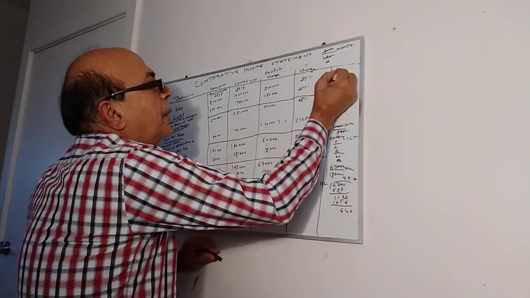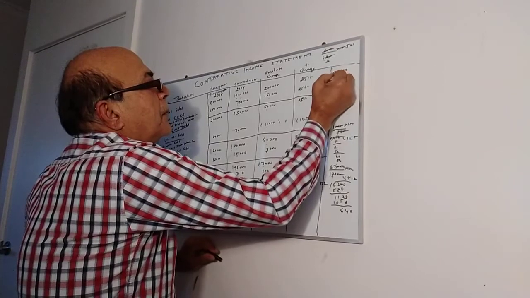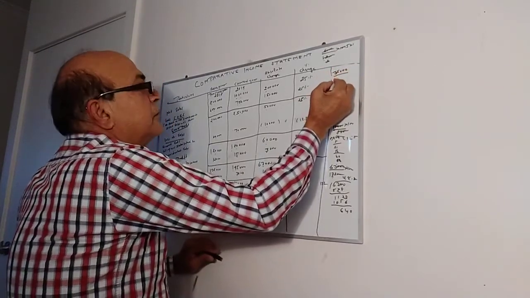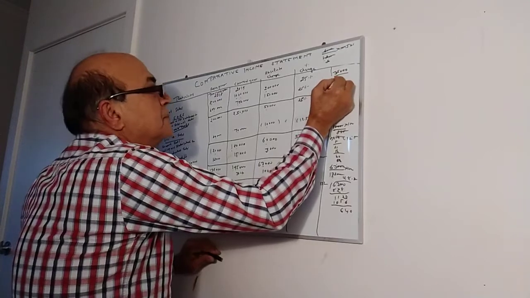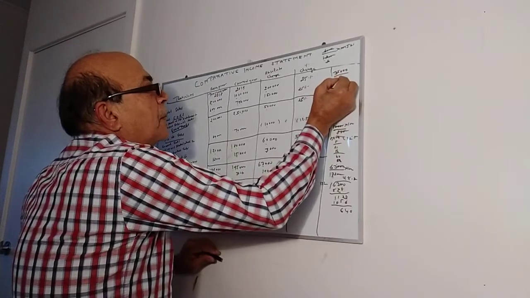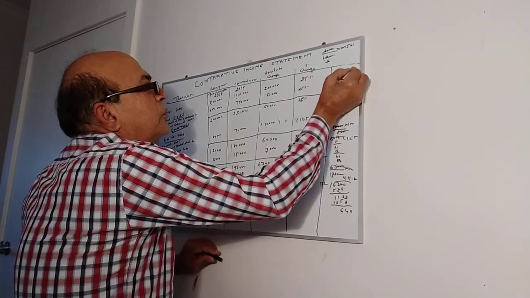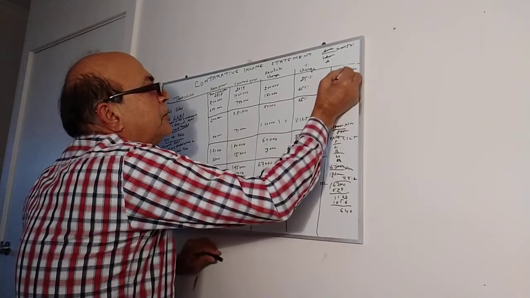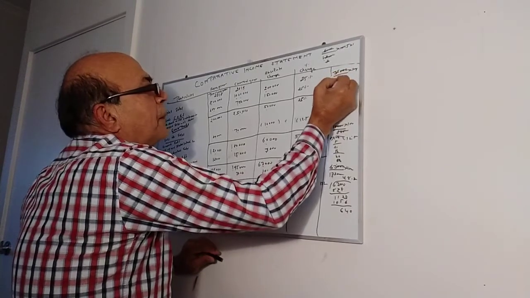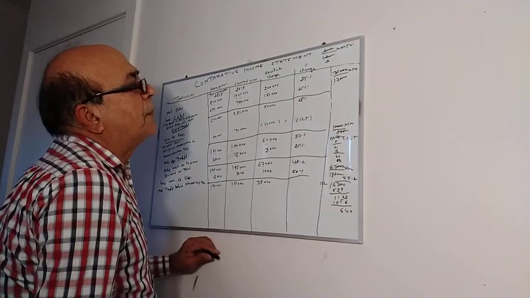These 3 zeros will be cancelled, 1 zero cancelled here.